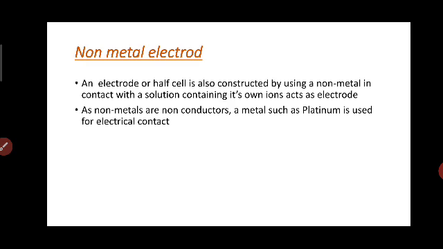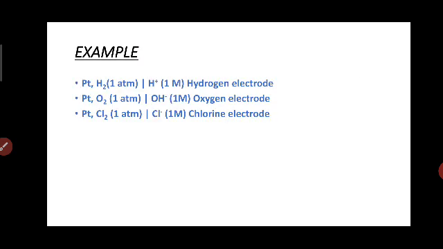An electrode or half cell is also constructed by using a non-metal in contact with a solution containing its own ions. As non-metals are non-conductors, a metal such as platinum is used for the electrical contacts.